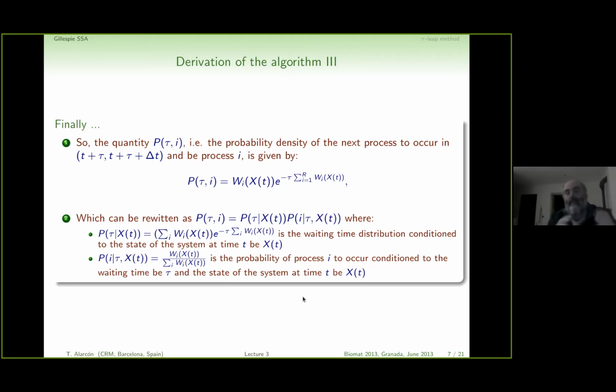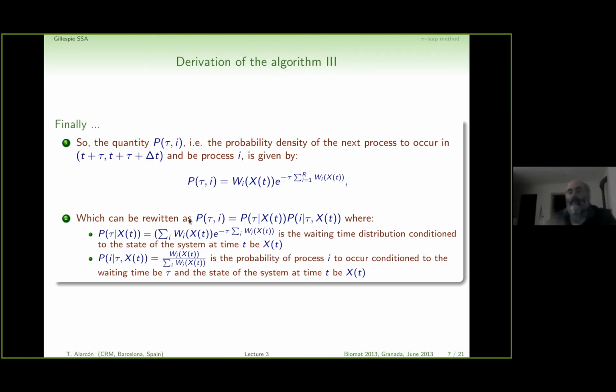So what we have done by rewriting the master equation in this way is we have transformed the master equation into a continuous time jump process. At each time there is the state of the system, then you have to wait for a given waiting time for the next event to happen, and that's prescribed by the waiting time distribution.